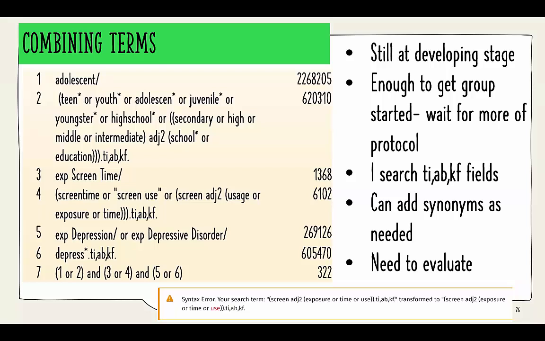Another thing that you might have a question on is why those three fields I searched, like on line 2 or 4. You see I searched title, abstract, and the keyword field, the KF. So I used to always do KW, but what we found is that KF can help to get even more. And I wish that Kyle was here today.